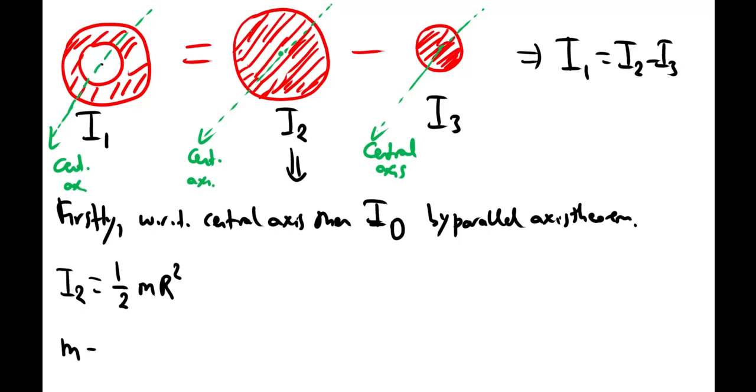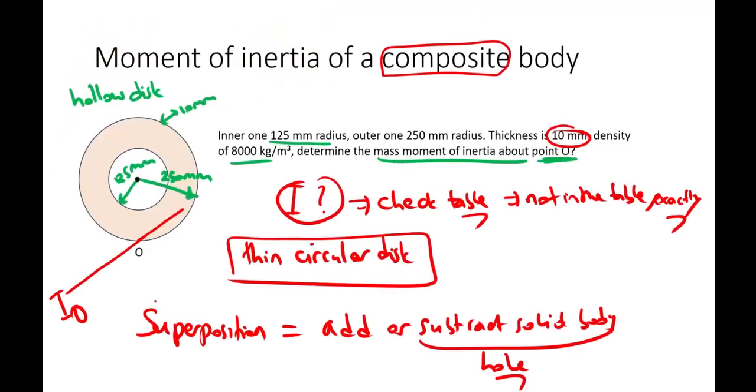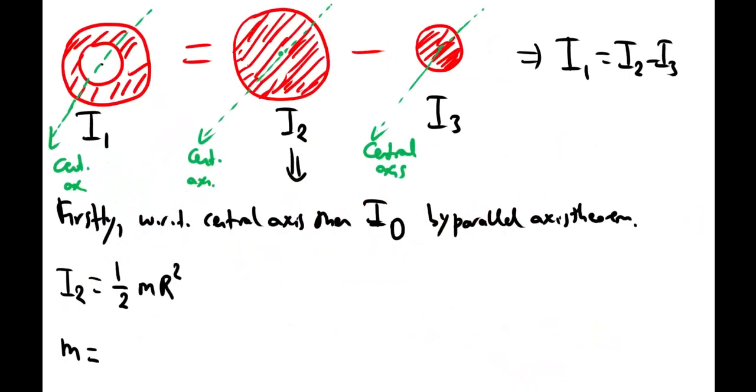What is m then? M will be the density times the volume. Density is 8,000 times the volume, which is the area, pi r squared, times the thickness.